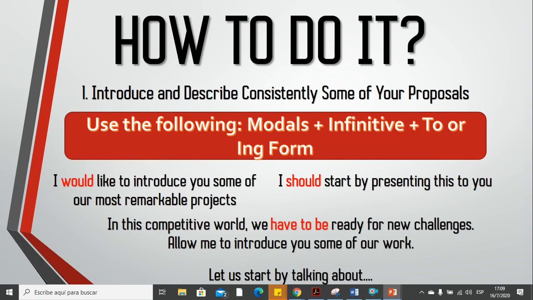So we started with this slide of the presentation that says that in order for you to introduce a business proposal, and what could be an example of a business proposal.